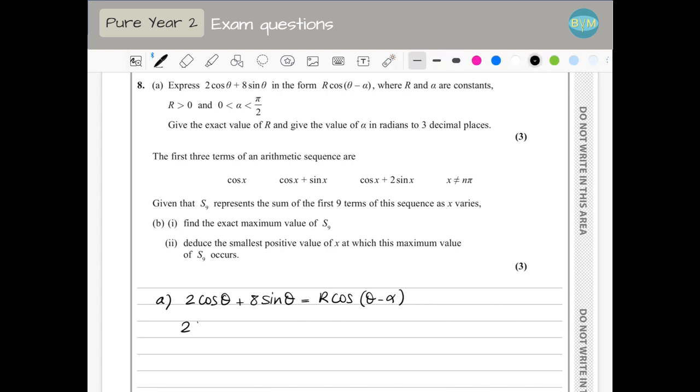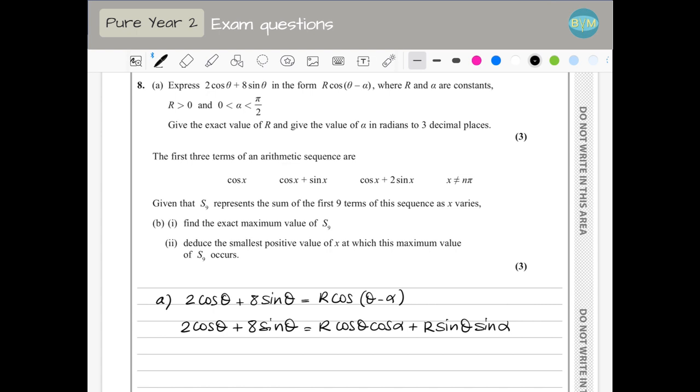So we can write this as r times the addition formula: cos theta cos alpha. If I have a minus, it's going to be a plus. I'm going to multiply the r by the first term and by the second, so I will have a bracket here, but I'm going to expand it all together. So r sin theta sin alpha.